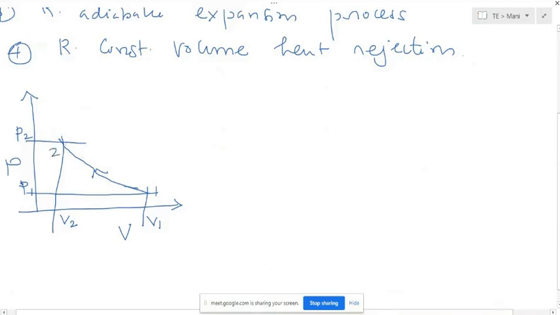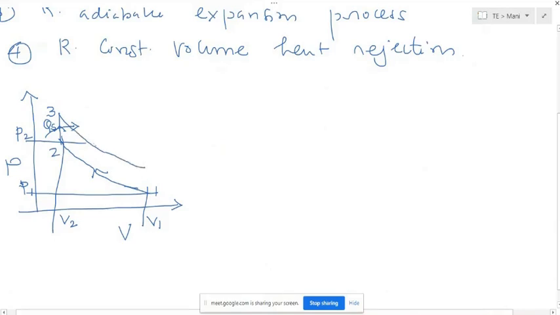And the next process is heat addition at constant volume. Constant volume means we maintain the volume as constant, right? So this is between 2 and 3, a constant volume process. Here heat is supplied. And another process is a reversible adiabatic expansion process.